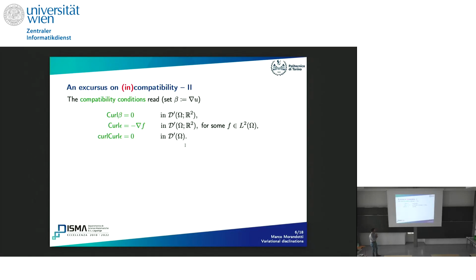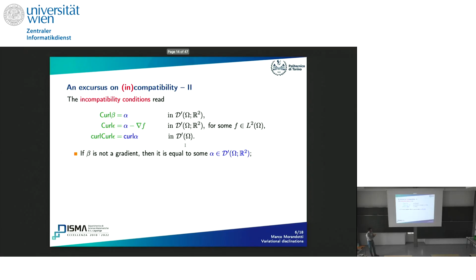So let's see the compatibility, or better incompatibility conditions, a little bit closer. If we call beta the gradient of u, which is also some other standard notation in the literature, then the curl of a gradient is always equal to 0 if the field is twice differentiable, right? But then if the curl of beta is not equal to 0, then you can say that it is equal to some measure of these defects.